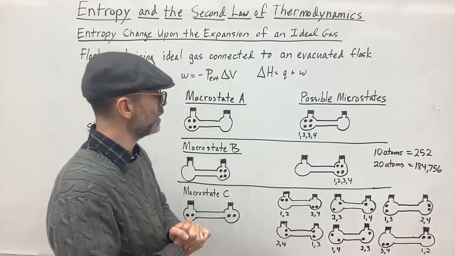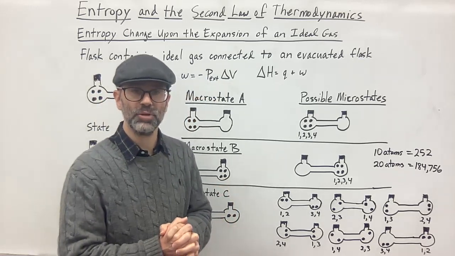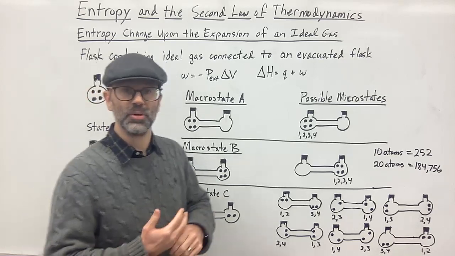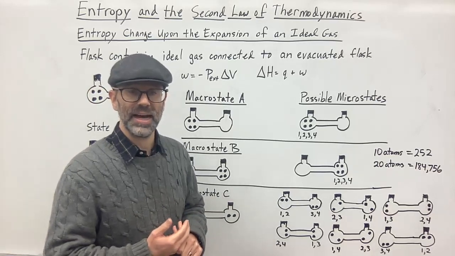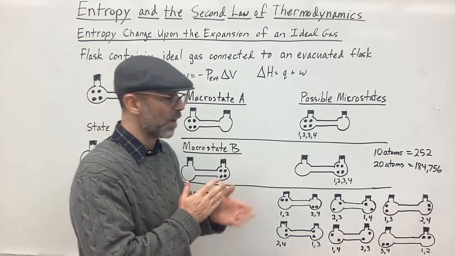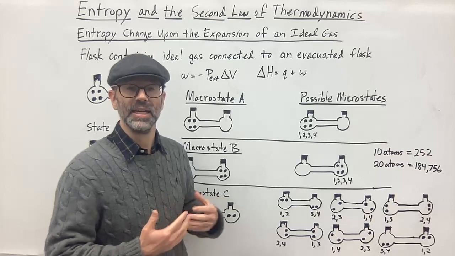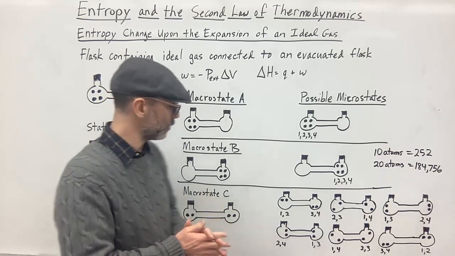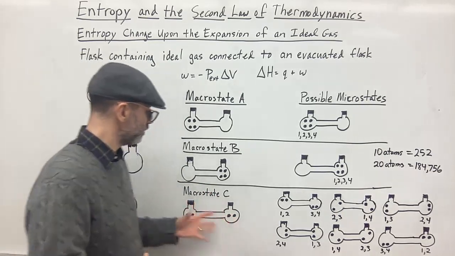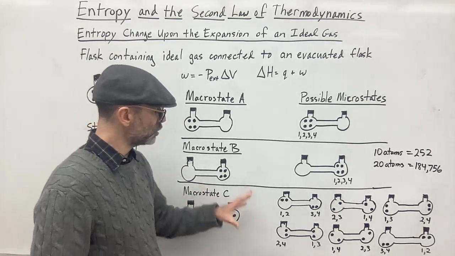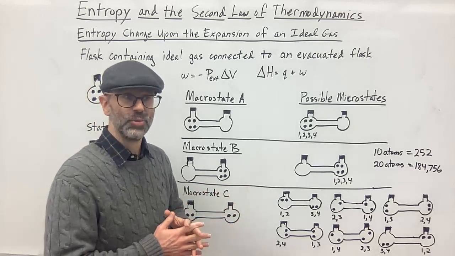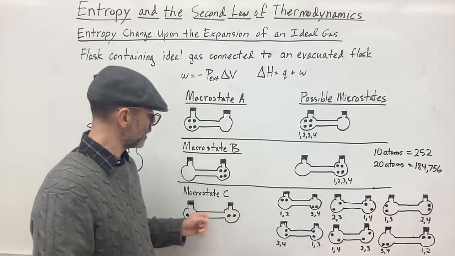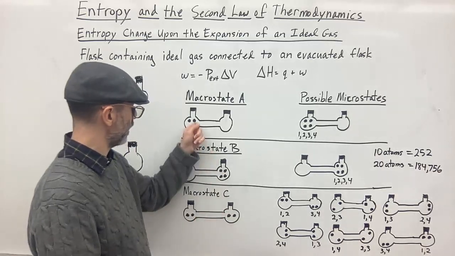And so this fits with what we talked about with regard to the second law of thermodynamics, because remember the second law of thermodynamics says that a process is going to be spontaneous if it increases the entropy of the universe. And we can see here that entropy again is related to the dispersal of energy, and you can see that here compared to here and here.